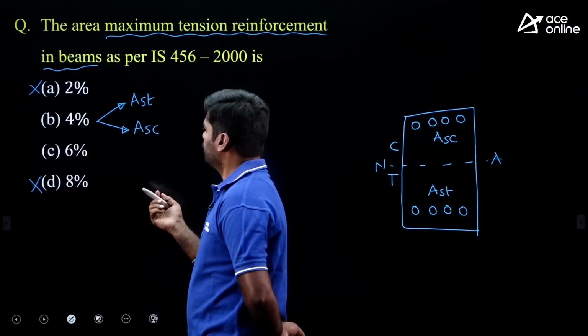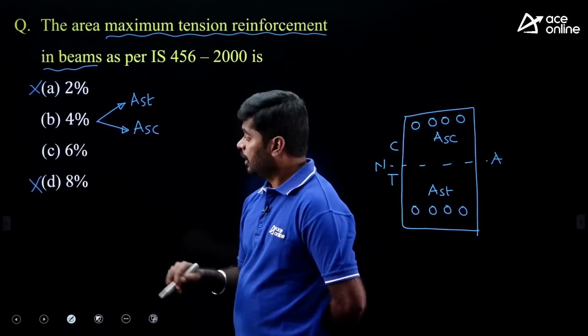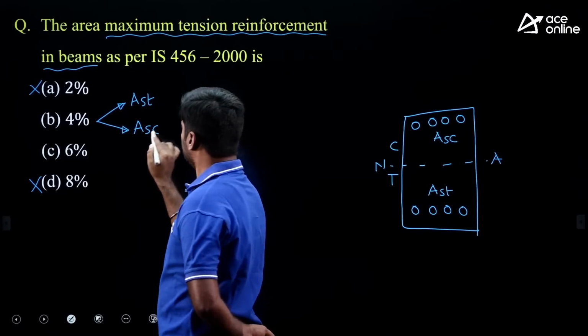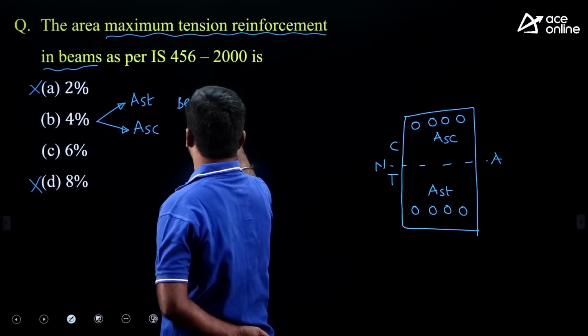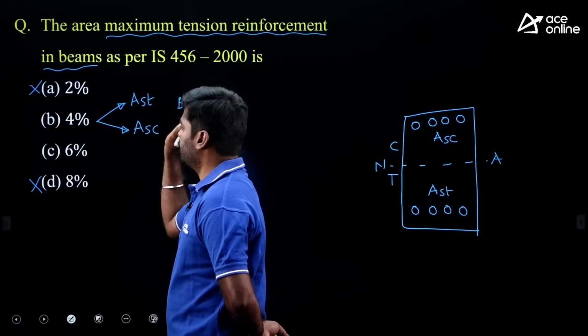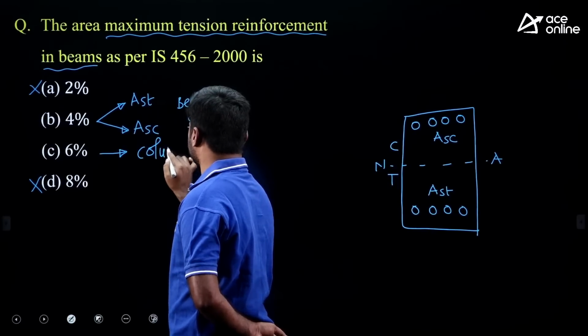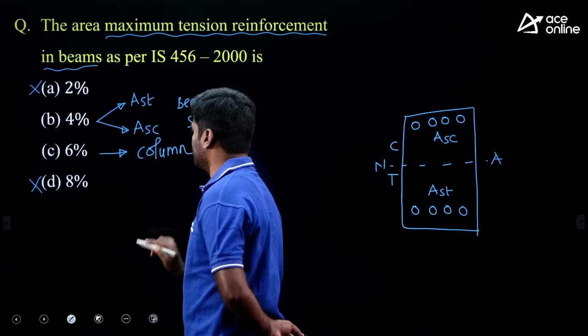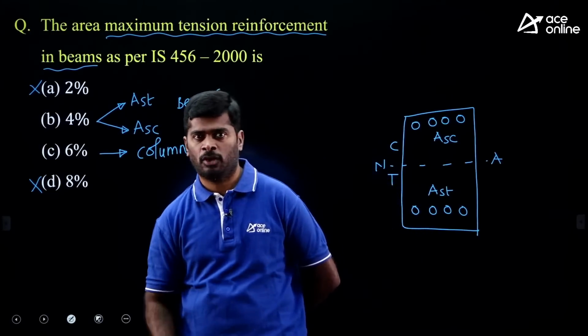Then what about maximum steel in slabs? Same 4% only. Regarding columns, my dear, for beams and slabs the maximum steel requirement is the same 4%, but in columns the maximum longitudinal steel provided will be 6% of gross cross-sectional area, okay.